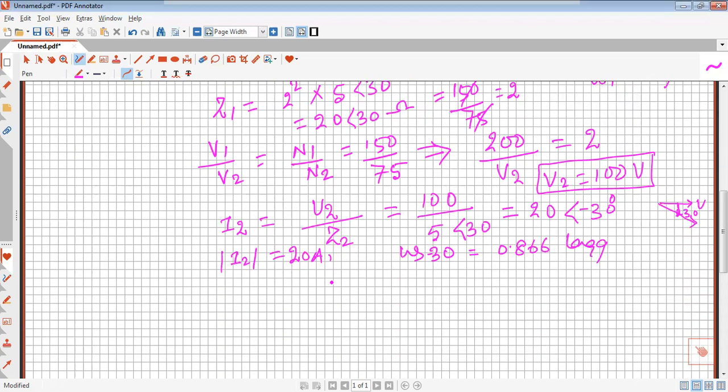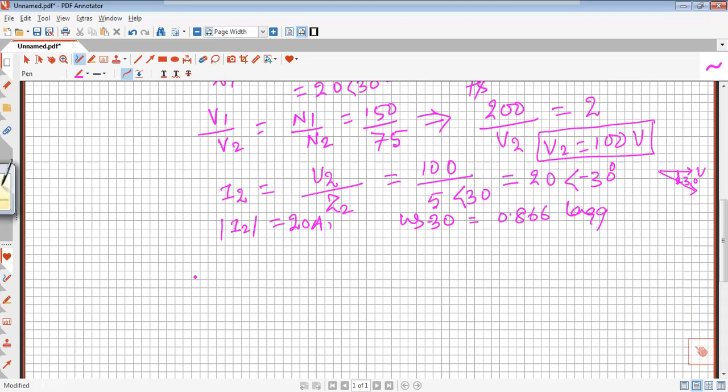I2 is known. So we can use the relation which we know, I1 divided by I2 is equal to N2 divided by N1. This is an inverse relation. I2 we have calculated as 20 angle minus 30, and N2 is given as 75 and N1 is given as 150.